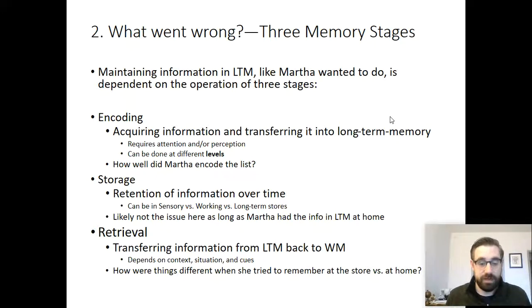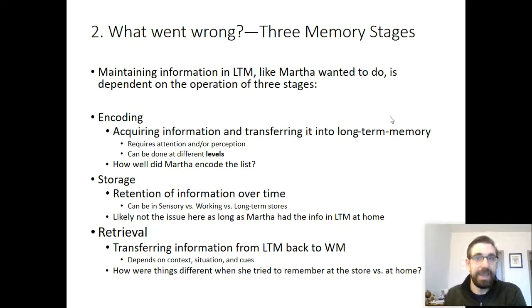You have the context in which you came up with the list in the first place was in your kitchen, right? And so when you thought of that list, you might have been looking at different things in your kitchen. And now when you're at the store, those things aren't around anymore. And when you're at the store, rather than just a list of 11 items, you now have hundreds and hundreds of items.